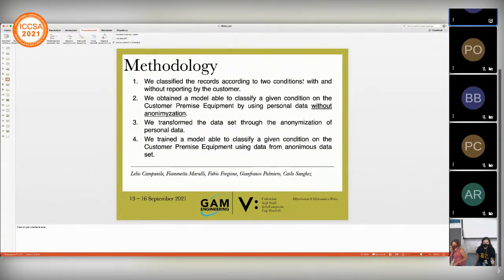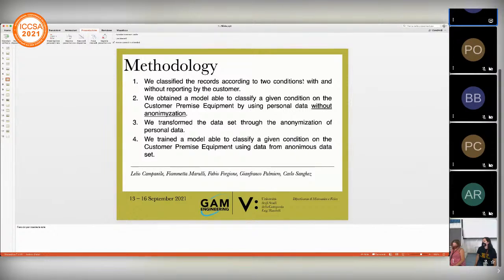In the first part of our work, we classify the records according to conditions: with reporting by the customer, as I said before, opening the issue, and without reporting by the customer. Then we train the model able to classify a given condition on the customer premise equipment by using, this time, personal data, no anonymization, the raw dataset.